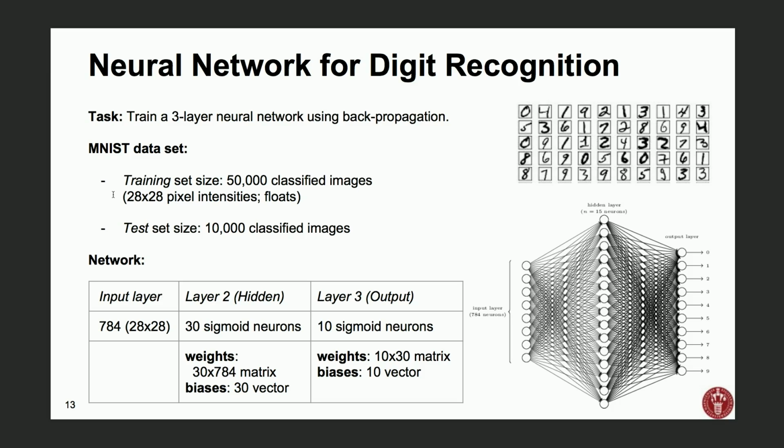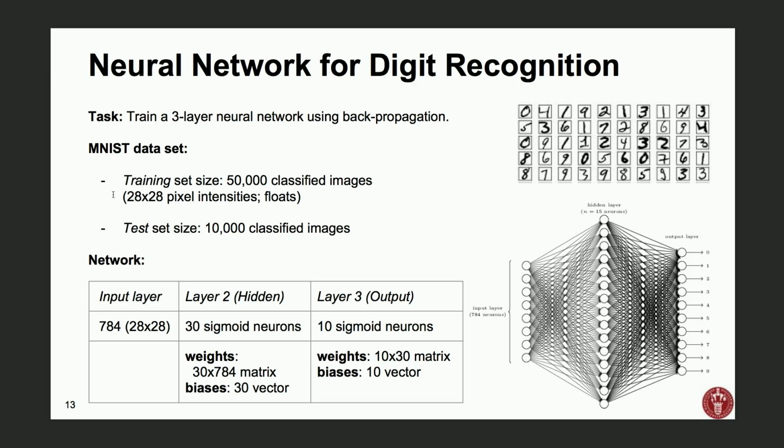The idea here is to have a neural network with 3 layers, and then use backpropagation with the training set to teach the neural network to recognize these digits. It is organized so that you have 3 layers: an input layer, a hidden layer, and the output layer.